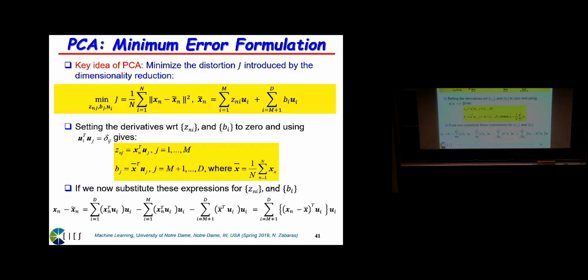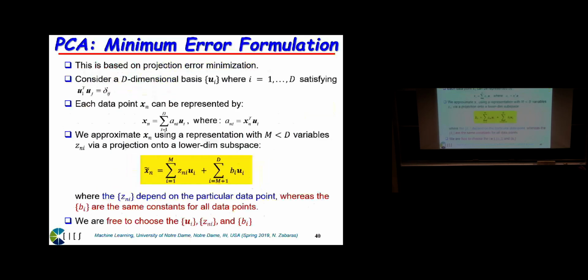Because this approximation was developed completely independently from maximizing the variance of the projected data points, we have no idea what ui is going to look like. So we want to minimize this error.